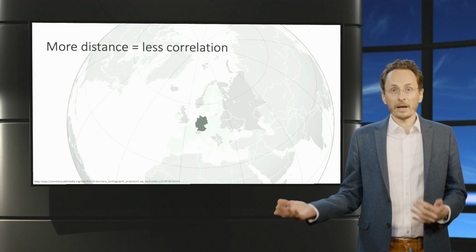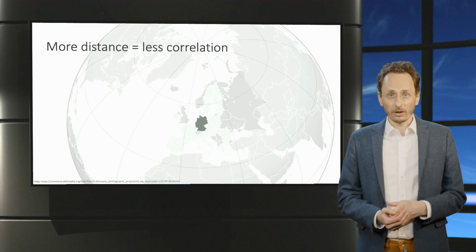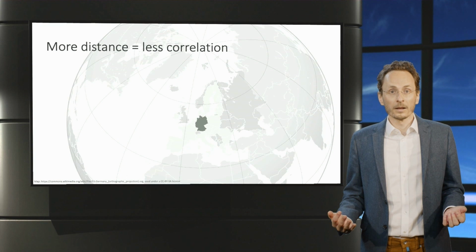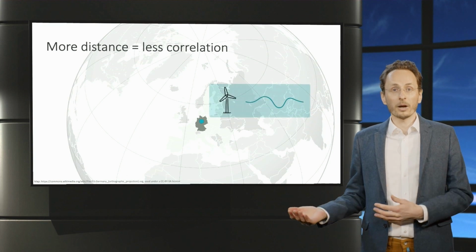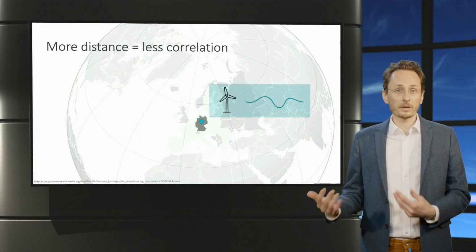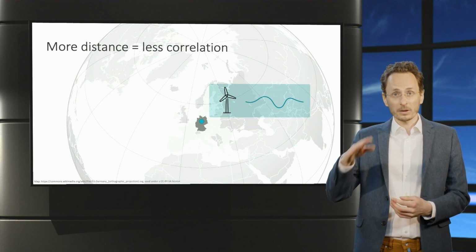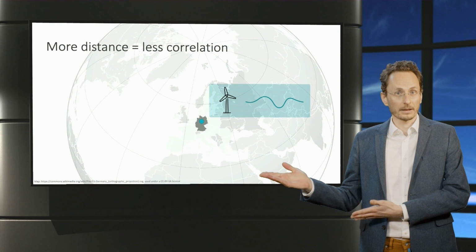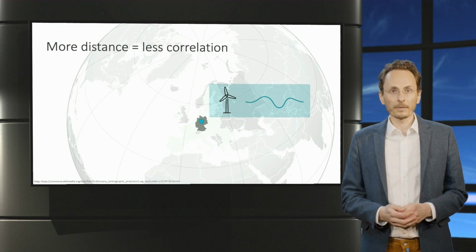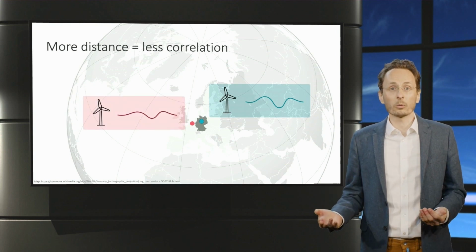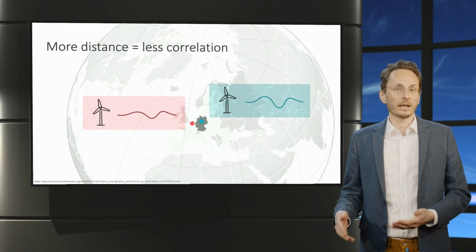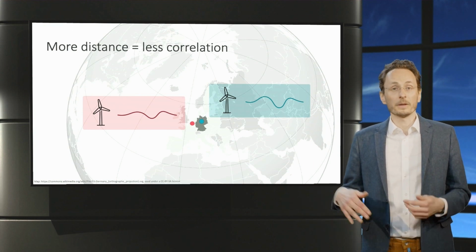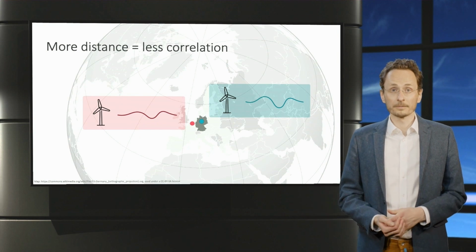The further away two points on the planet are from each other, the less correlated their weather is. So I might have a wind farm in Germany and its electricity generation profile, a time series again, over say a day or so, looks something like what you see here. If I have a second wind farm quite close to the first one, let's say in the Netherlands, its electricity generation profile over this day might look quite similar.